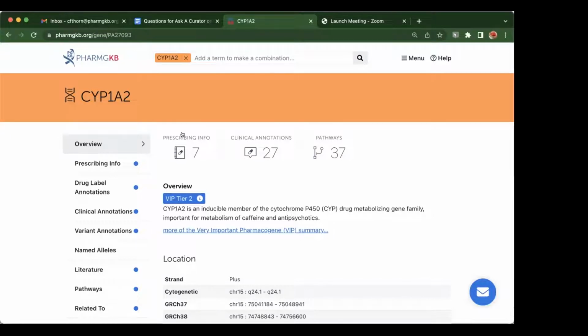For instance, with MTHFR, I know there's some language about how it might be implicated with methotrexate and other potential drugs. But then when you go to the actual variant annotations, it seems like everything is level 3. So then it seems kind of confusing: should I be listening to what's on the VIP, or should I... you see what I mean?